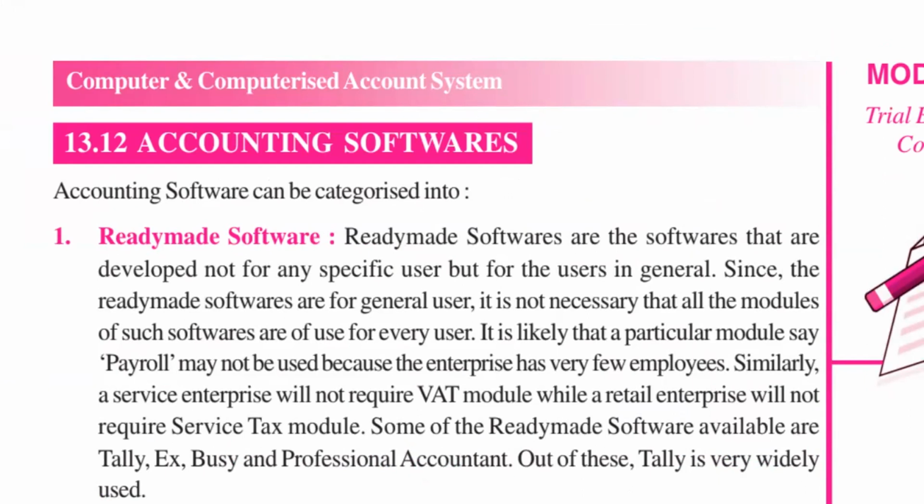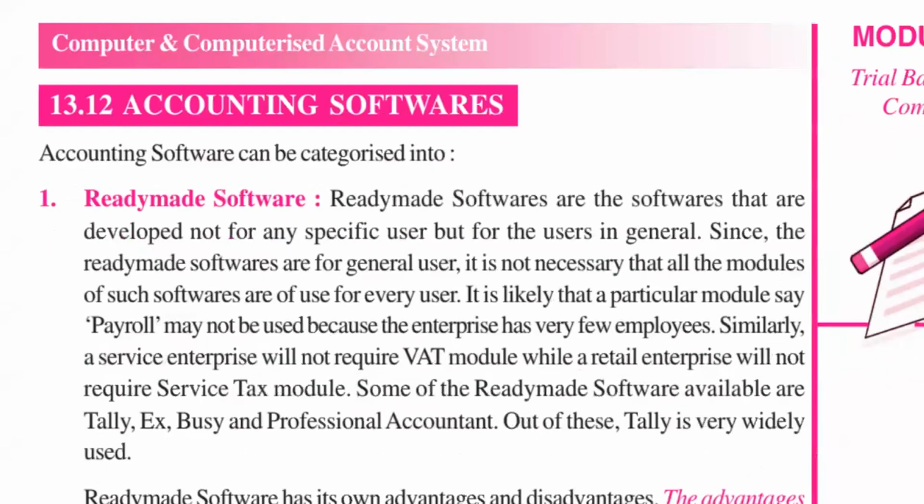Now we will discuss various accounting softwares. Okay, see, first, accounting software can be categorized into, first one is what? Ready-made software. Ready-made software are the softwares that are developed not for any specific use, but for users in general.